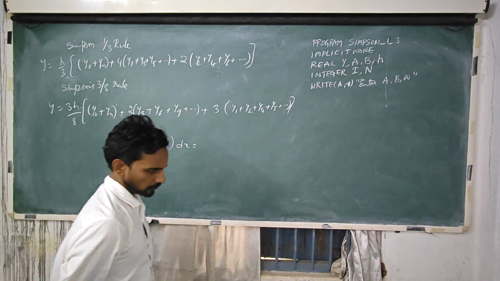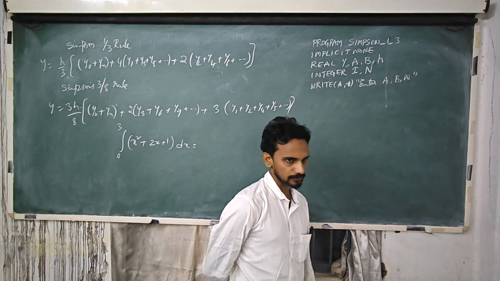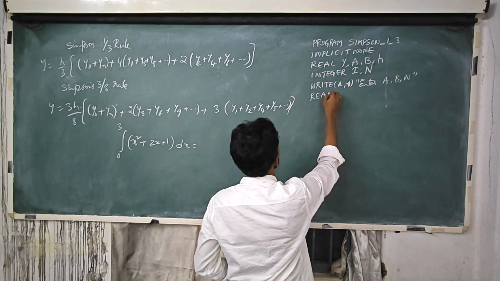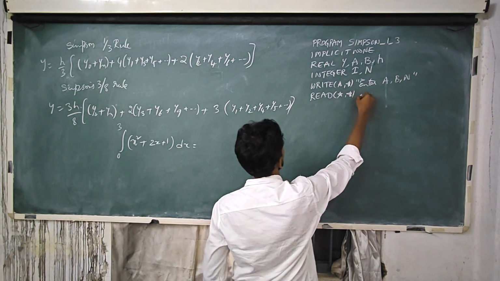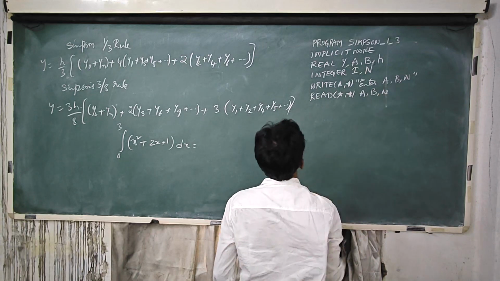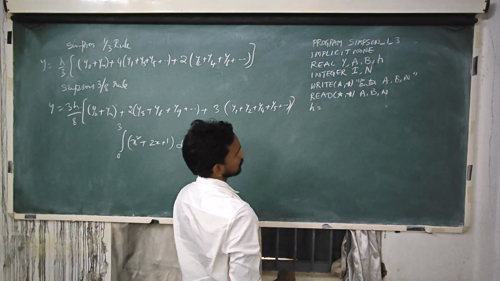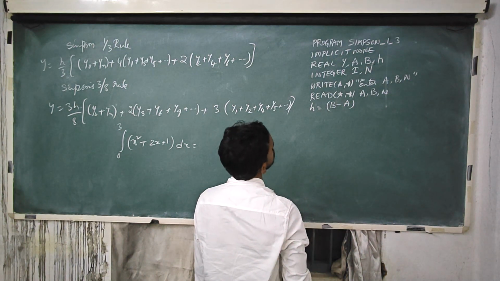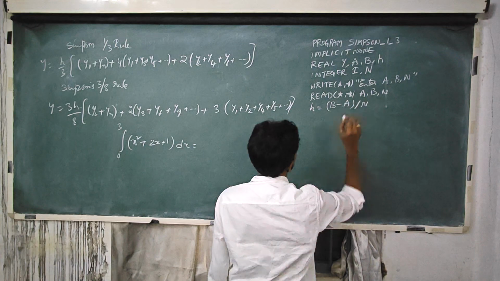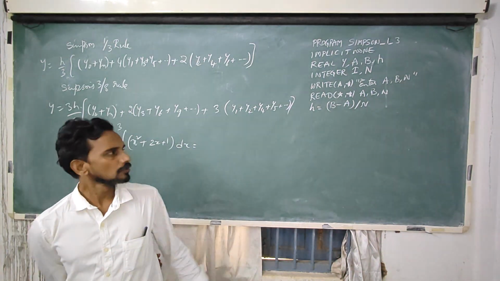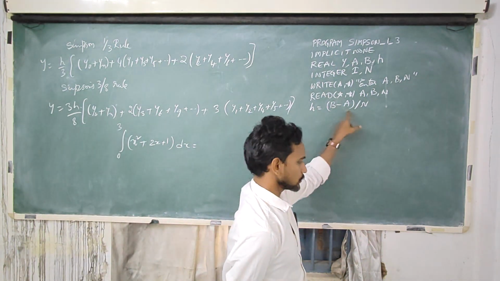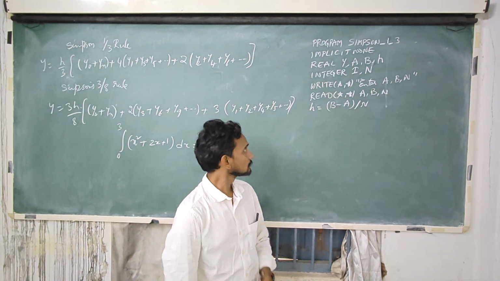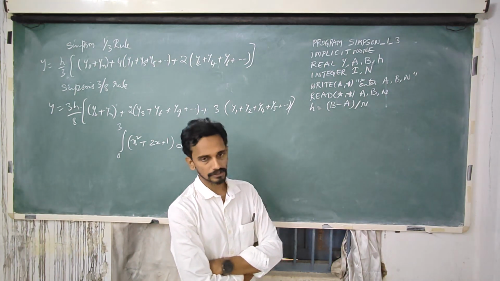Otherwise give specifically lower limit, upper limit and number of intervals. To calculate h, h is b minus a by n. So here these two numbers are real numbers, so we don't need to worry about it. The result is a real number.